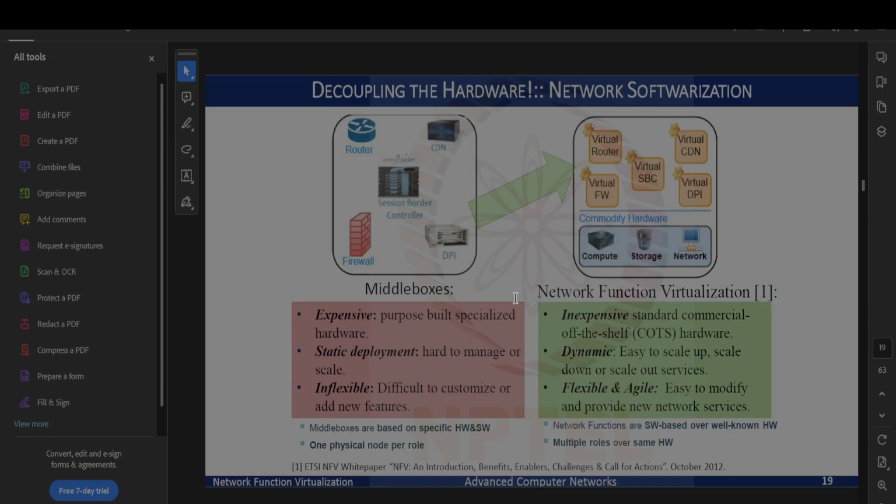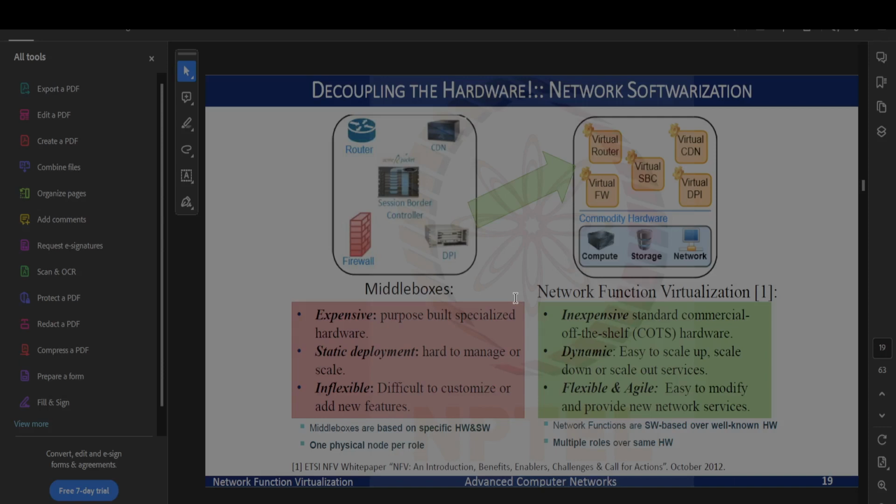So when we do like this, as we already saw, the earlier hardware based middle boxes were expensive. It was static. Once the firewall comes with certain functionality, that is all we were getting. It was difficult to customize it, or, for example, it was not flexible.